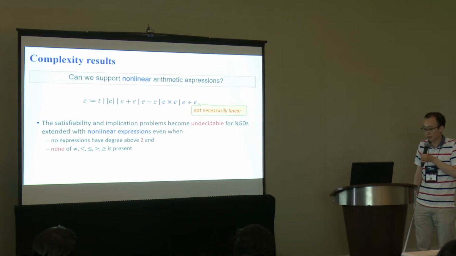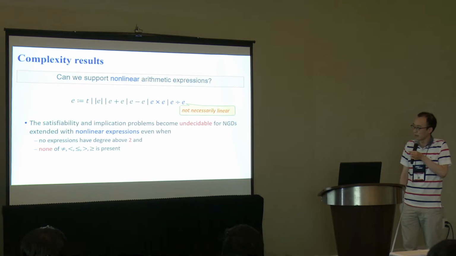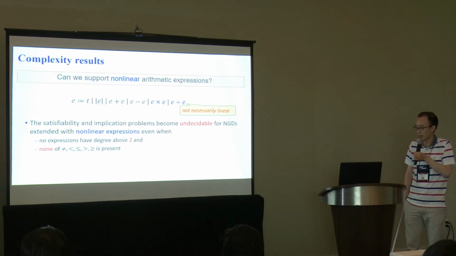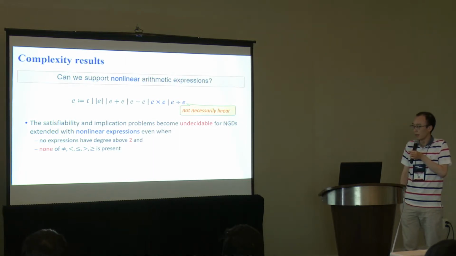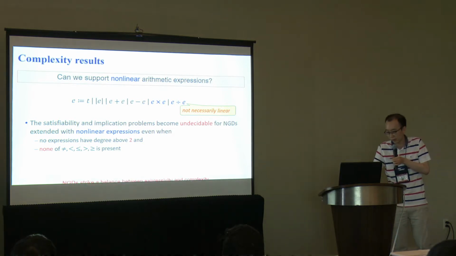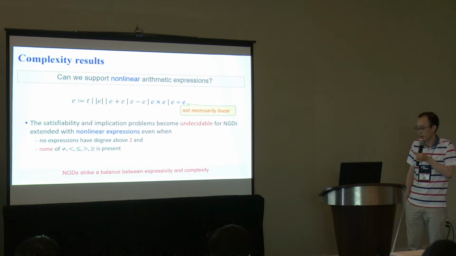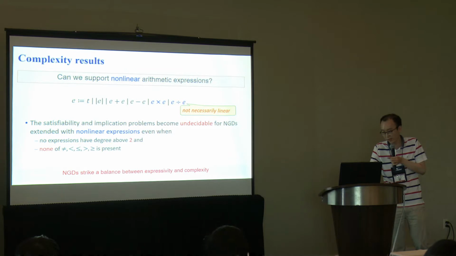Unfortunately, this extension makes the static analysis undecidable, even for NGDs extended with expressions of degree bounded by 2. So this result justifies our choice of linear expressions for NGDs, which strike a balance between expressivity and complexity when arithmetic and comparisons are must.